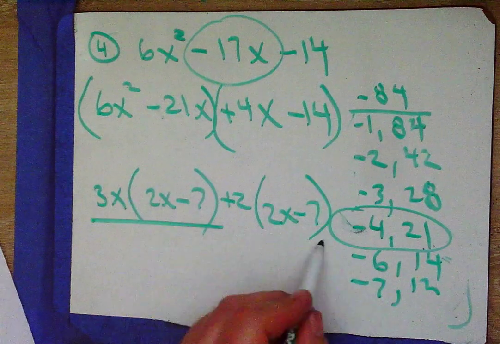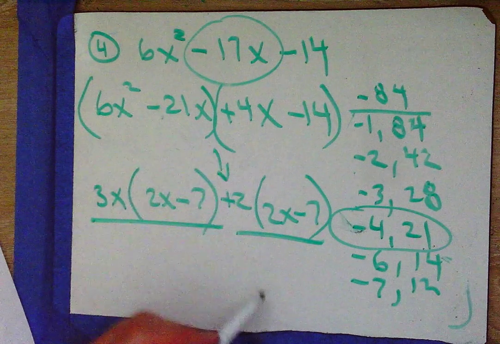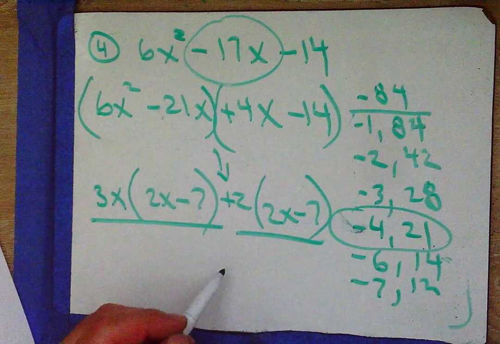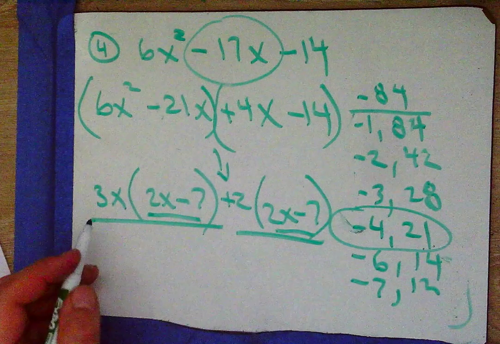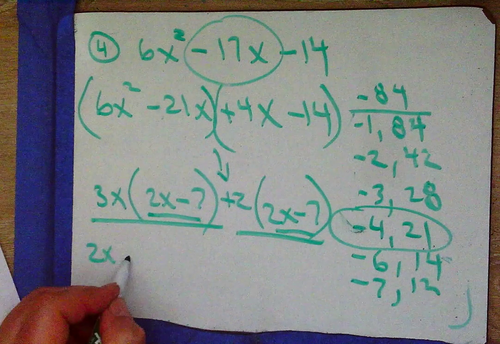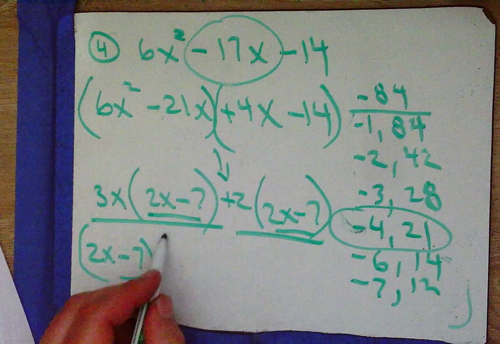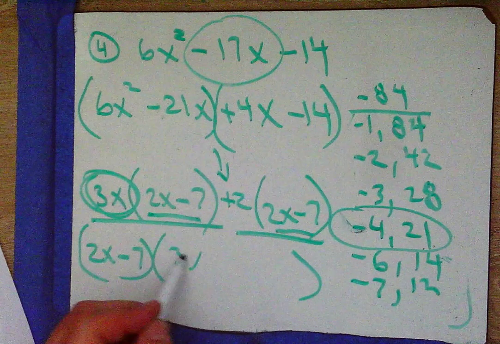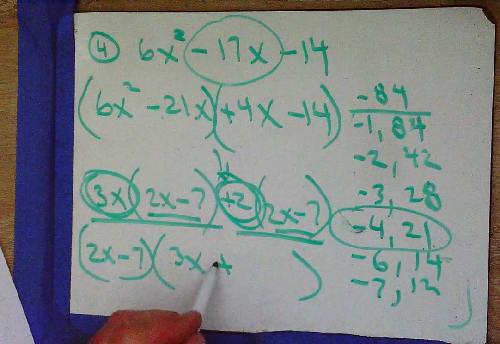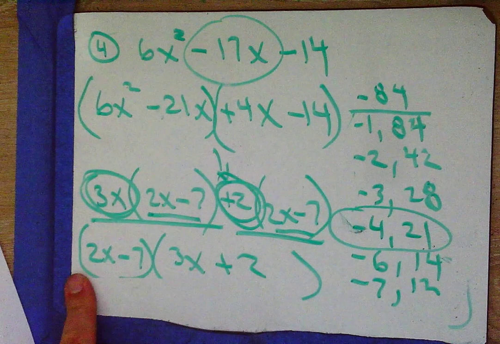I have one term, I have two terms joined by that addition sign. Do those two terms have anything in common? Yeah, this 2x minus 7 and this 2x minus 7. So let's factor out a 2x minus 7. What's left over? This is, and this is. All right, is there any more factoring here?